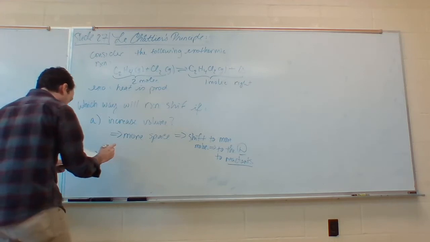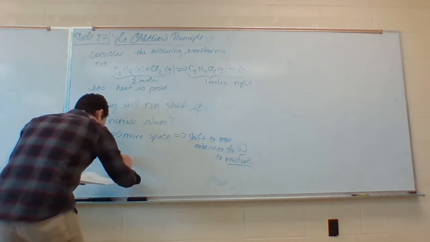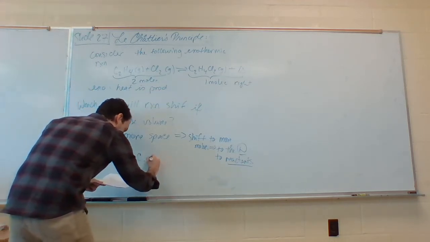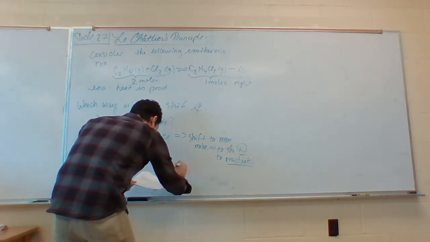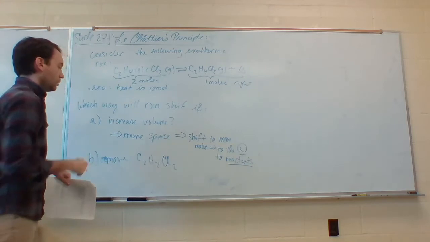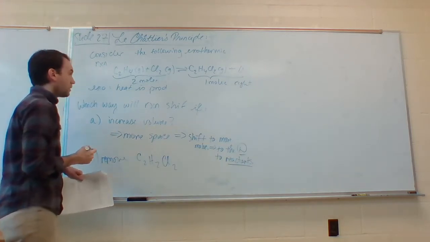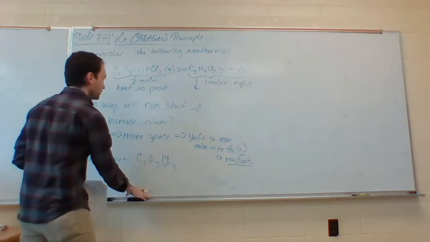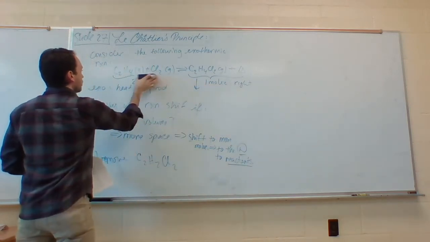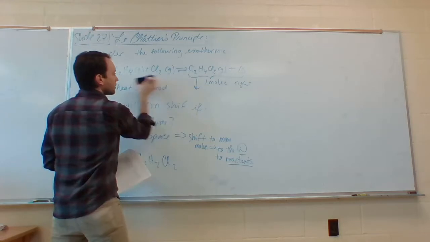Now, the next one, what if we remove a little bit of C2H4Cl2? Well, if we remove that, remember that this player goes down, right? And so which side is weaker?